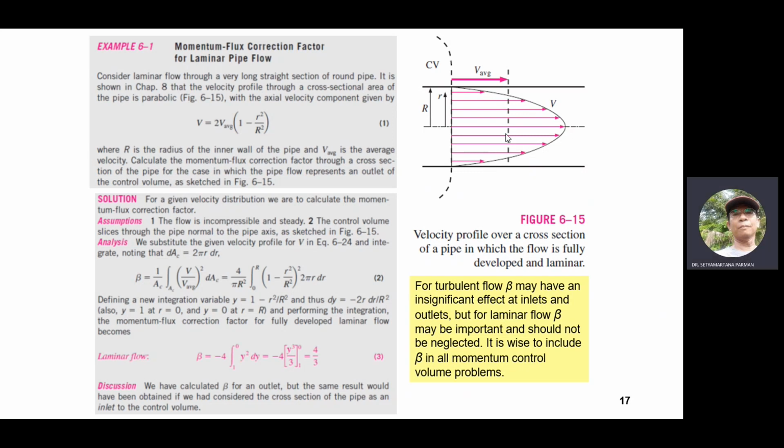Then calculate the momentum flux correction factor through a cross-section of a pipe for the case in which the pipe flow represents an outlet of the control volume, as sketched in this figure.